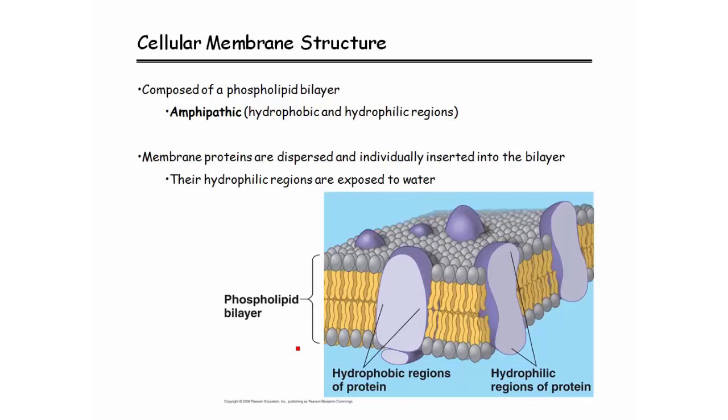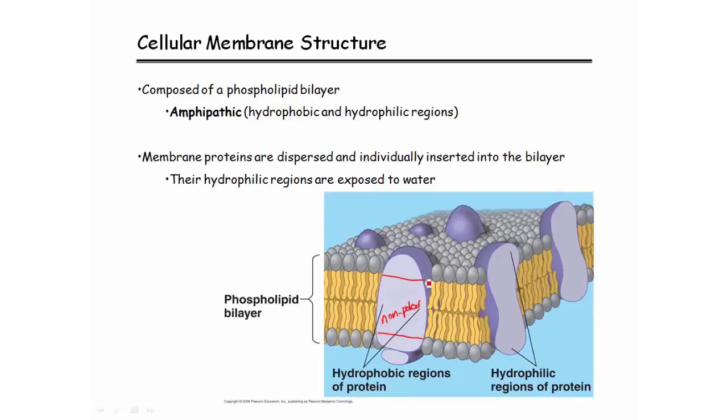Now, it is important to remember that hydrophobic things want to be next to other hydrophobic things, or nonpolar wants to be next to nonpolar. So if you do have a protein that is spanning the membrane, as we have right here, this protein is going to have different areas. On the inside, it's going to be nonpolar on the outside here.